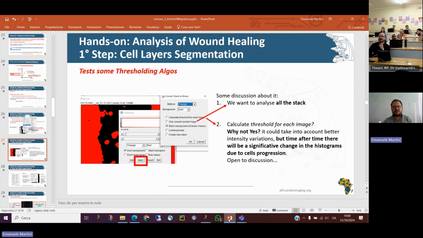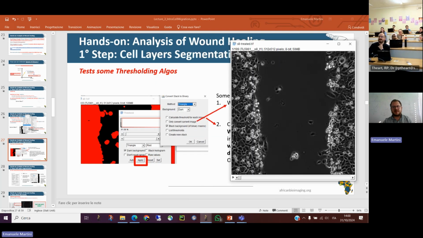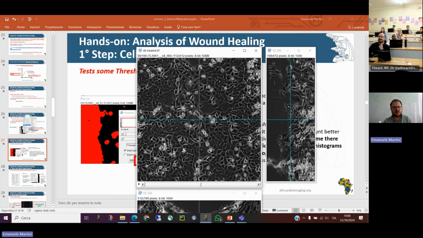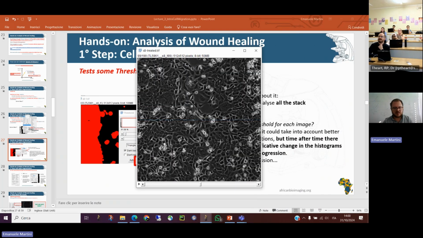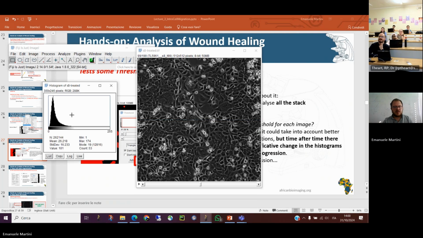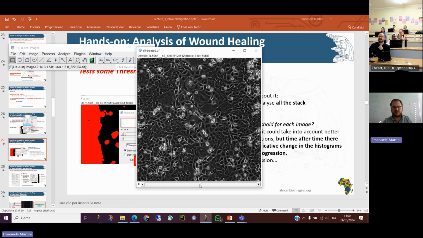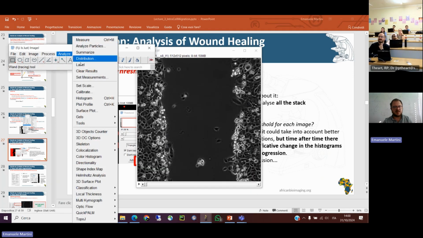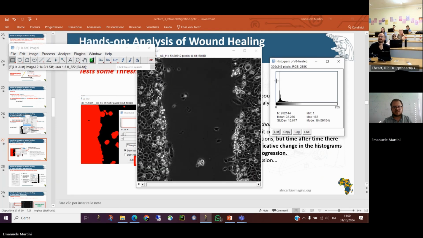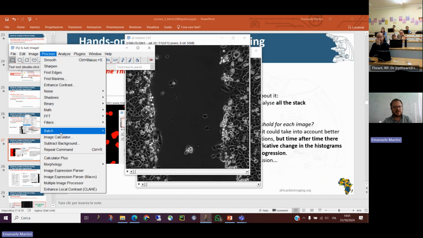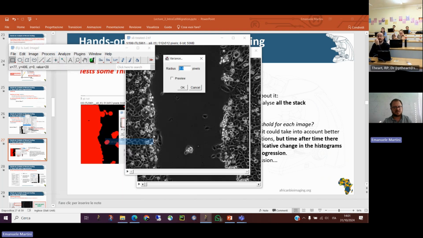Okay. What's the point? The point is that for sure the histogram here, the histogram on the first frame, let me go to a frame. Sorry, people, because I clicked the wrong button. Let me extract the histogram. Let me apply the various filter here.